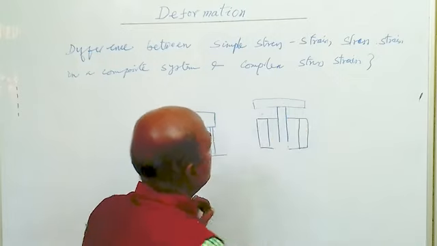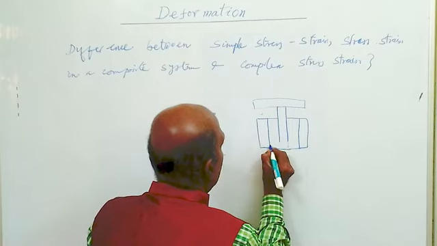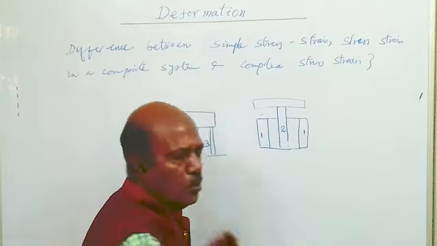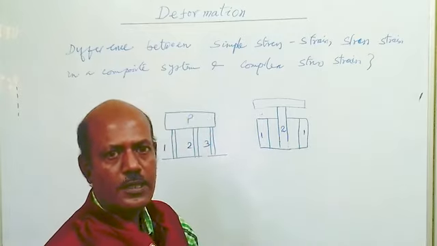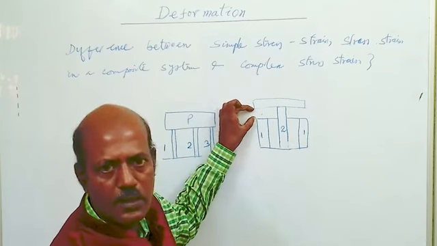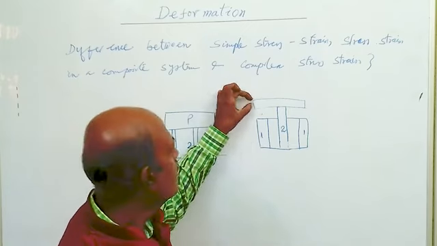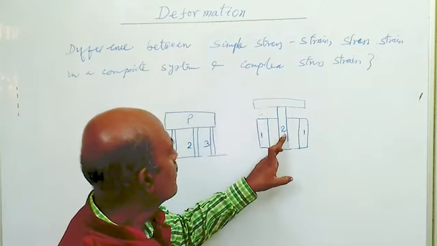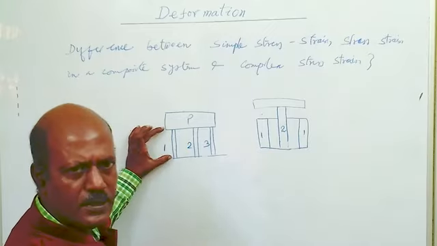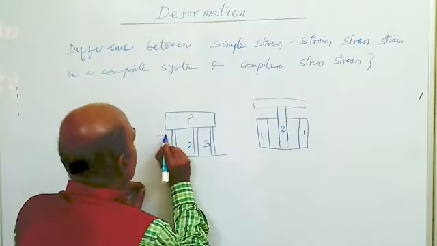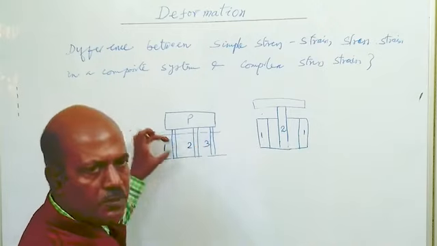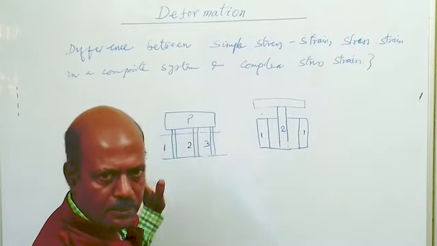Now the load is taken only by, say, this is bar 1 and this is bar 2. The whole load is taken by bar 2 until the deformation has taken place in bar 2. After that, this load will be shared by the first member as well as the second member. In this case, the deformation produced in all the bars will be the same. That means the strain produced in the bars will also be the same. That is the main concept here.